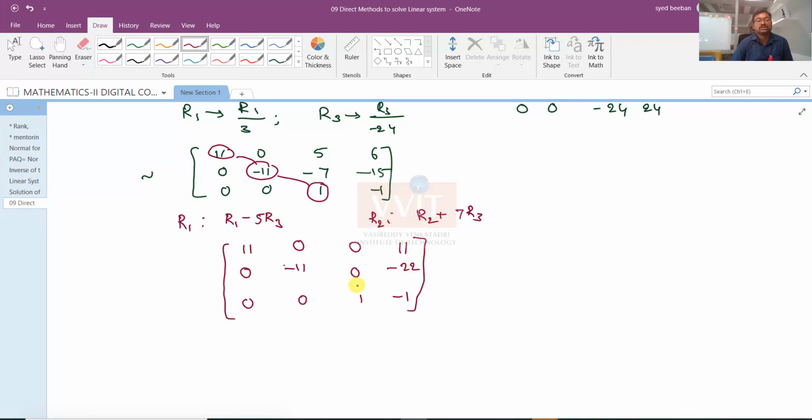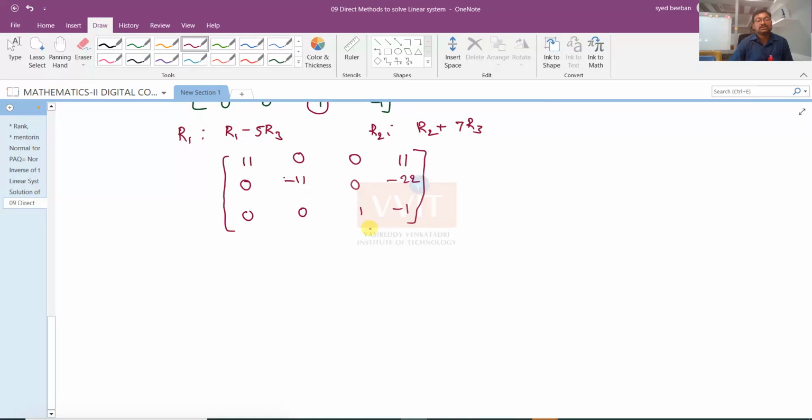That's one. Now clearly it is in the form of a diagonal matrix, up to this it is a diagonal matrix. Once the coefficient matrix is a diagonal matrix, the only part left to us is that the principal diagonal position should be 1.